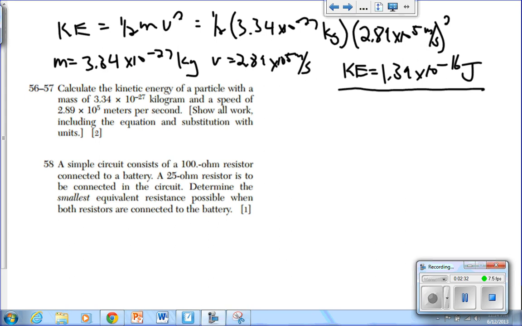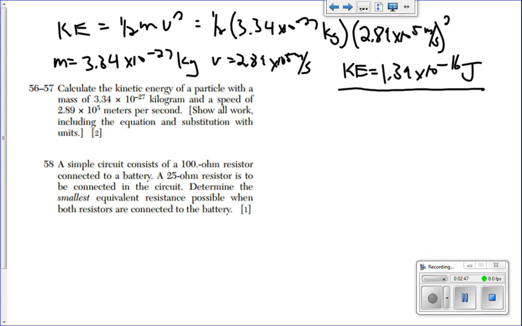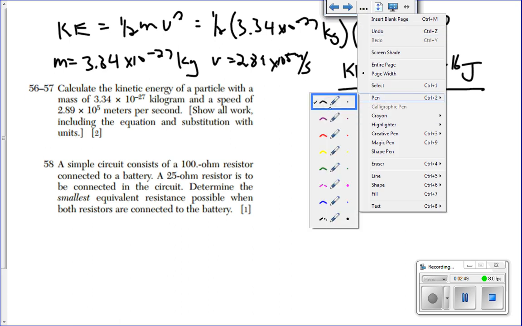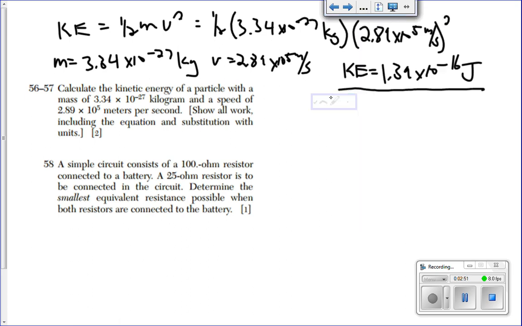So number 58 is telling us that we have a circuit with a 100 ohm resistor, and we're putting another resistor into the circuit, and we want to find the smallest equivalent resistance that we can get. So if you want to make your equivalent resistance smaller, you need to hook these resistors up in parallel. So 1 over Req equals 1 over your resistors.